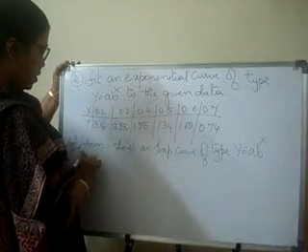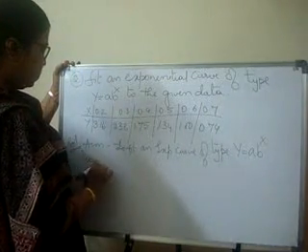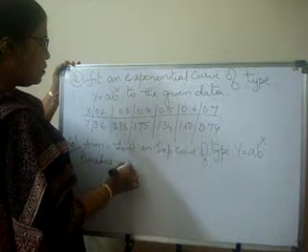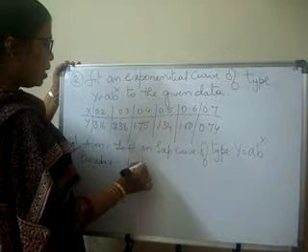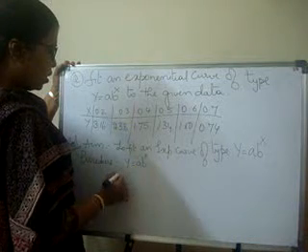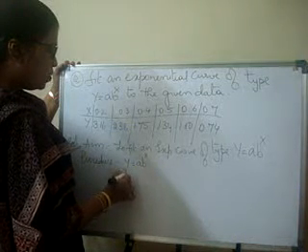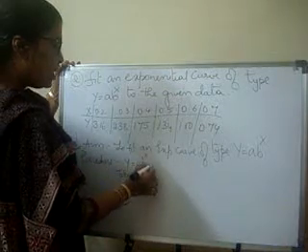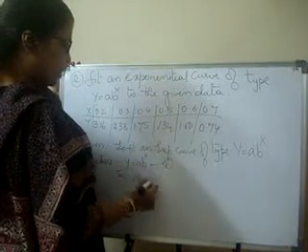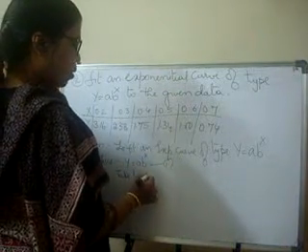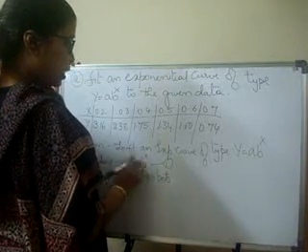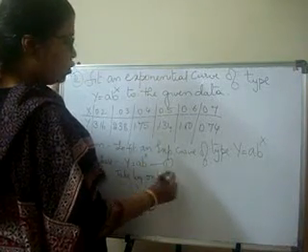Now what is the procedure? Y is equal to AB power x. Take log on both sides. Why? Because the given equation is not a linear equation. To convert it into linear equation, we take log on both sides.